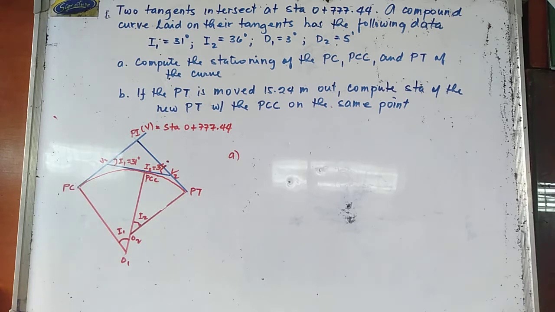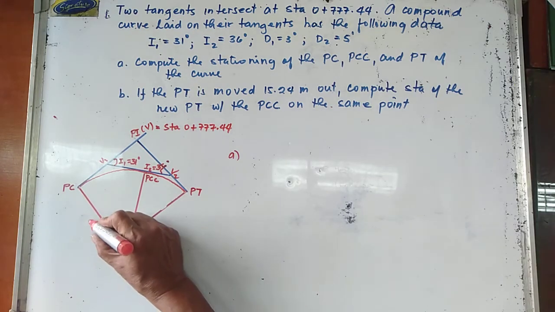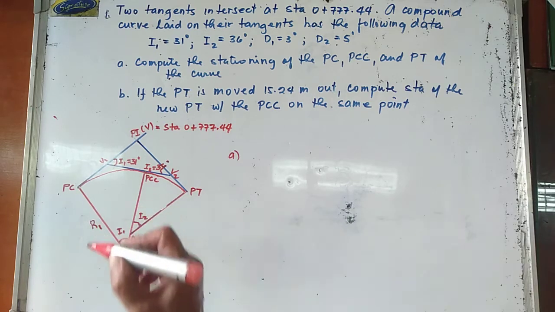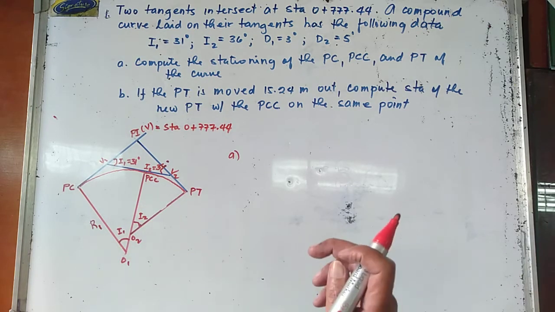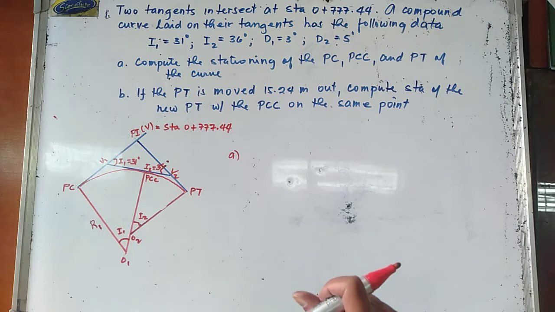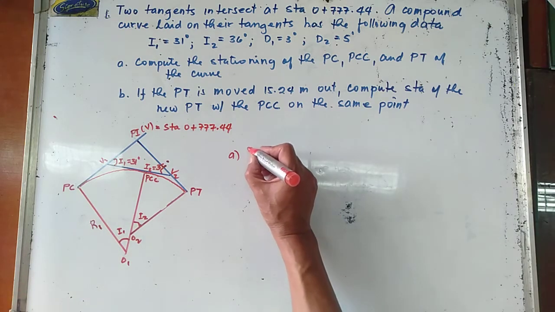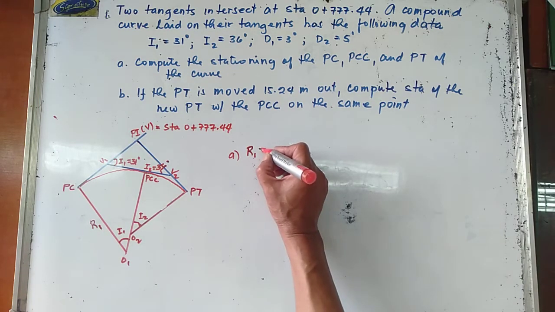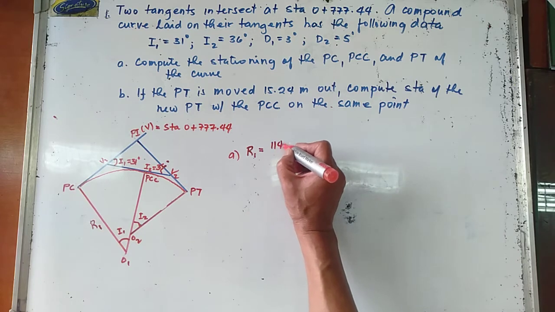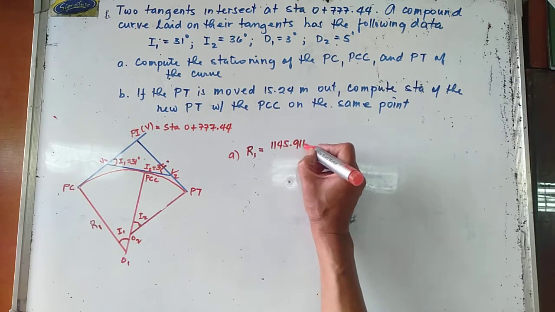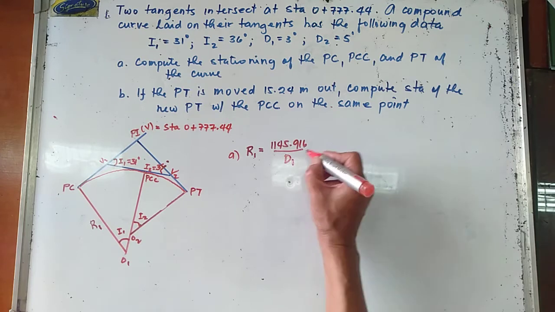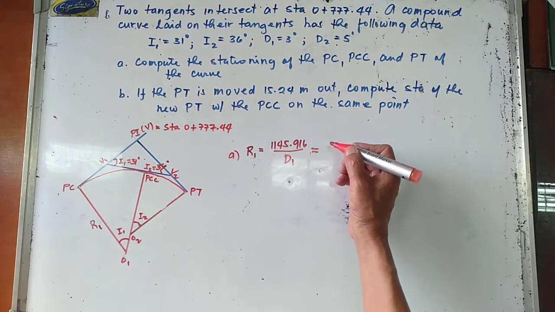First, let us determine the radius of the first simple curve. The radius of a simple curve is equal to 1145.916 all over D. Since this is the radius of the first simple curve, that is R1, equal to 1145.916 all over D1.